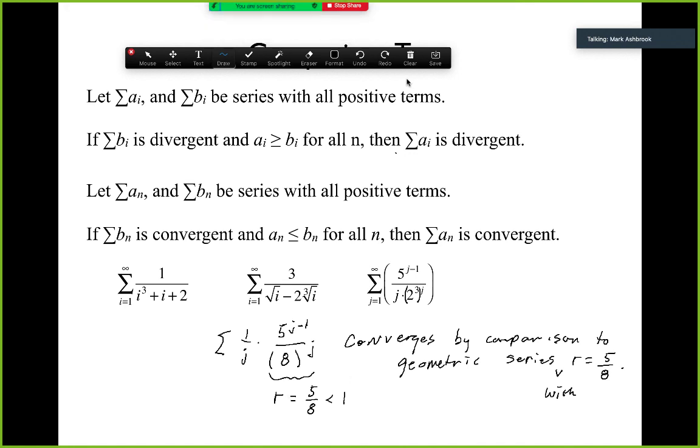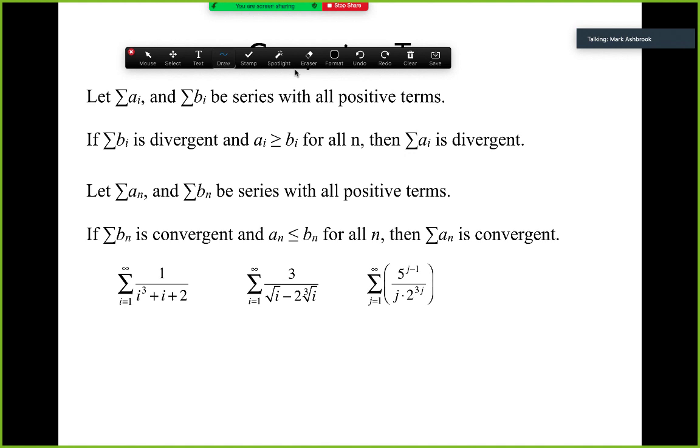Other questions? So if a geometric series has basically a limit or converges to less than 1, then No, if r is less than 1, then the geometric series converges. It doesn't converge to the r value.